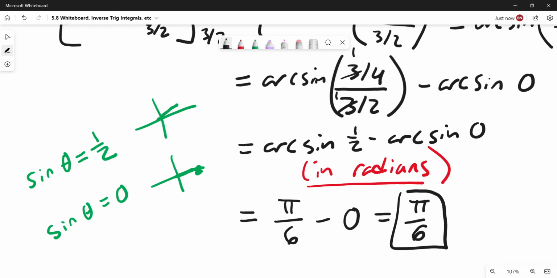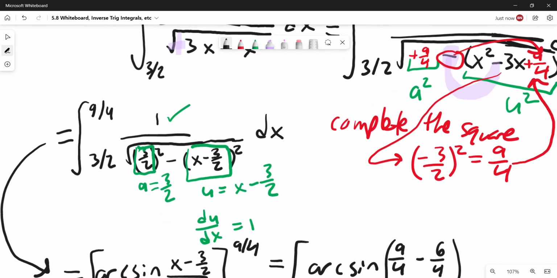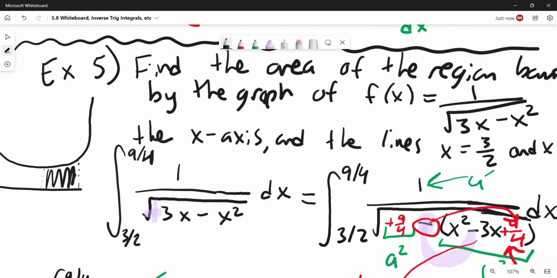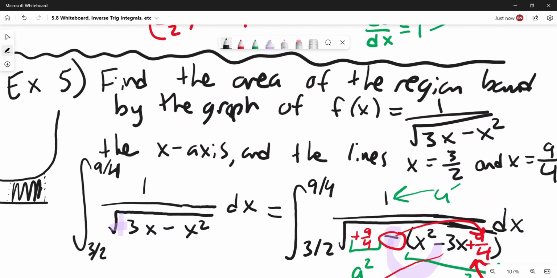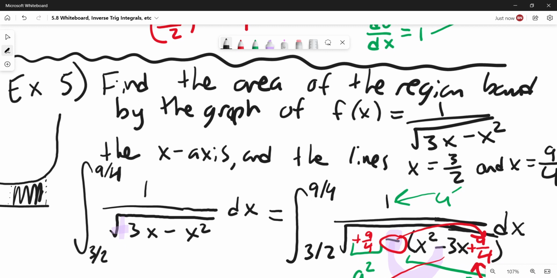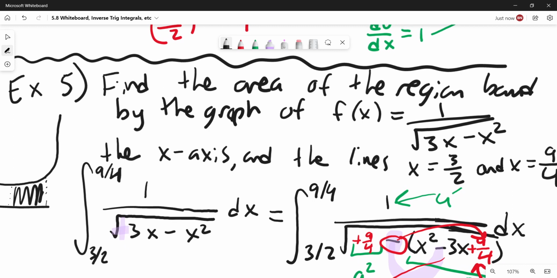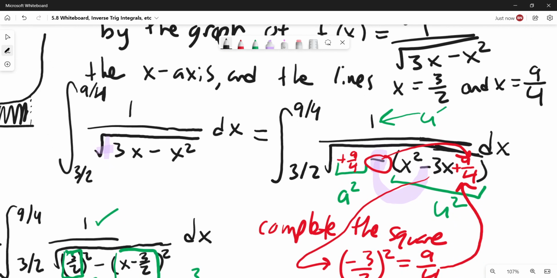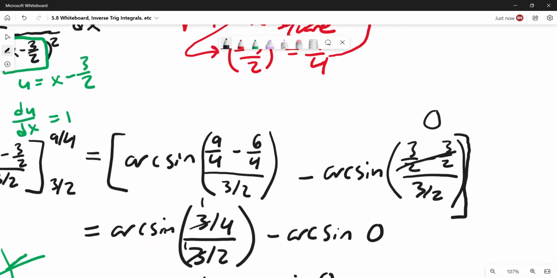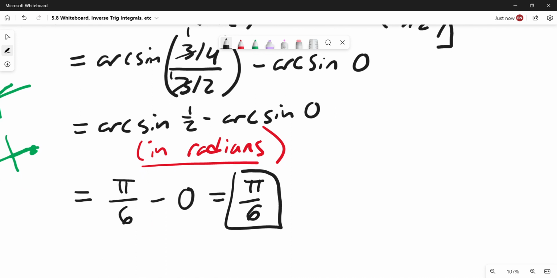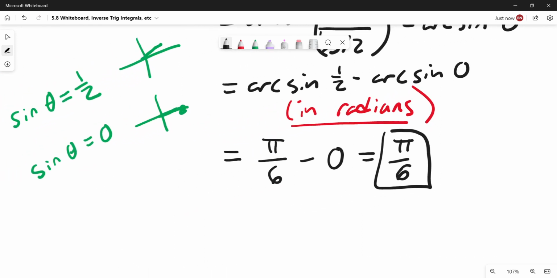Which is pretty crazy, considering where we came from, that we were just asked the area under this graph up here that looks like it has nothing to do with trigonometry, and between those two things is actually a multiple of pi? You kidding me? Don't you think that's kind of fascinating? I kind of think it is. Okay. That's completing the square.